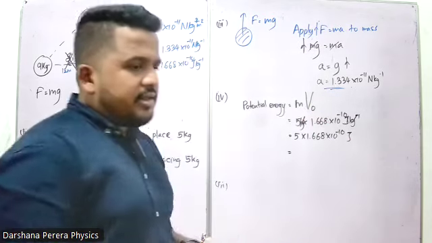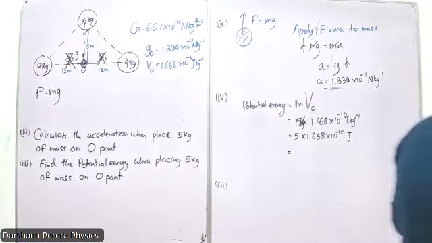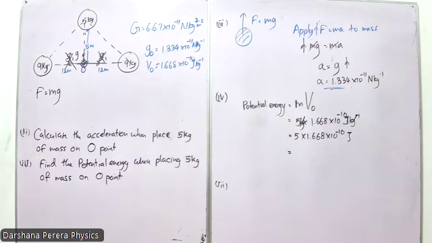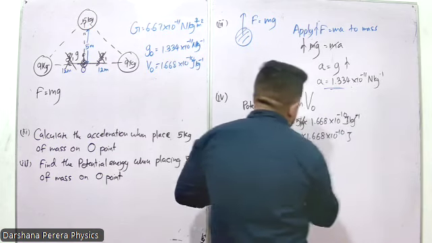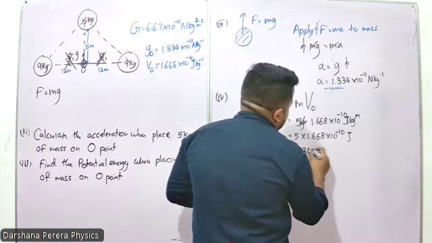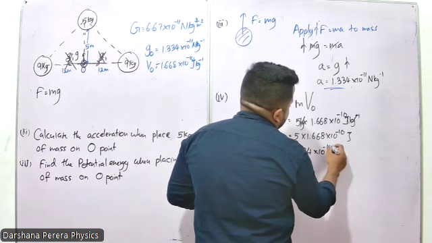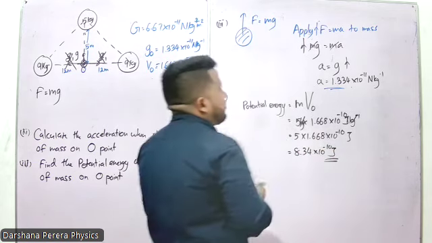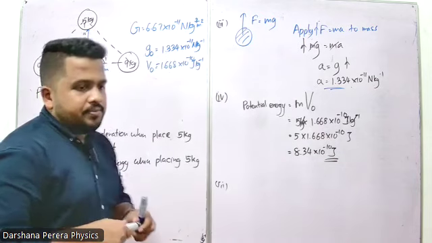So you need to find this. What is the answer? 8.34 × 10^-10. This is the answer. Okay?